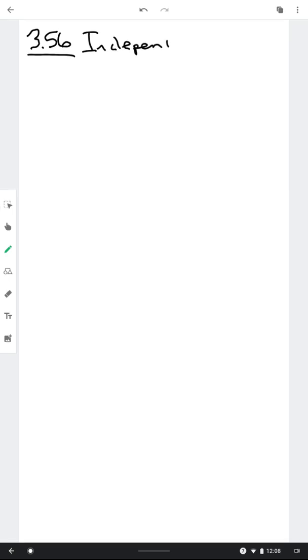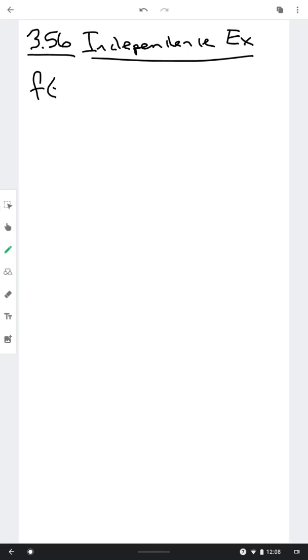Let's look at example 3.56. It says a joint density function of the random variables x and y is given by, let's give this a name, we'll call it the independence example. f of x, y is 6x if x is between 0 and 1.